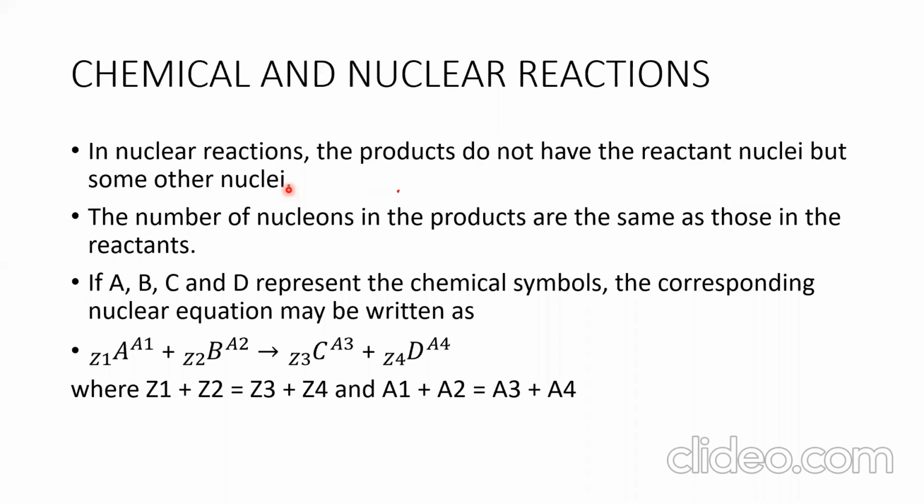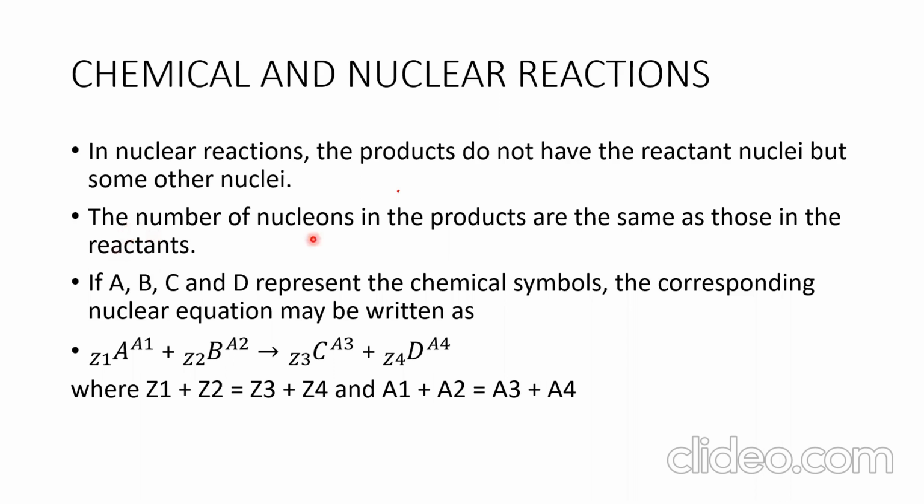Its nuclear structure is going to change. The number of protons and number of neutrons, that is mass number and atomic number, is going to change. When the number of protons changes, the element is not the same as earlier. It is changed to a new element.